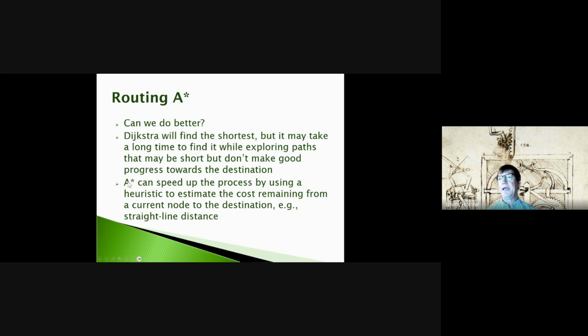So A star can speed up the process by using a heuristic to estimate the cost remaining from a current node straight to the destination. As you start the process, you might be many nodes away, but we're going to try to estimate that heuristic of the cost from that current node directly to the destination.